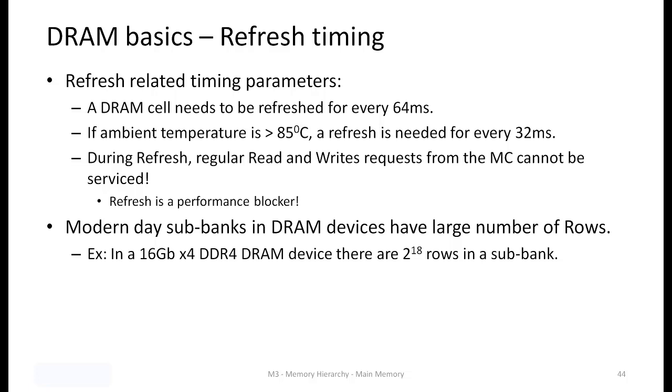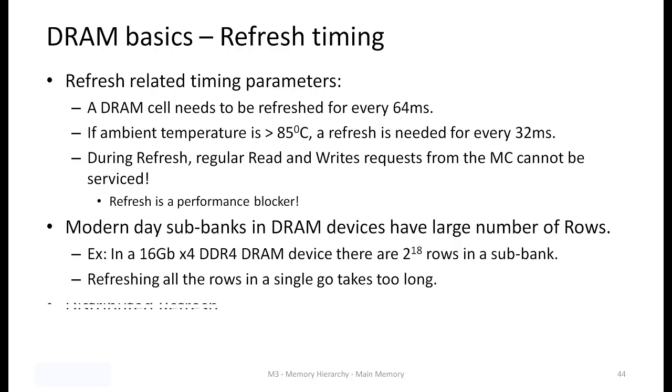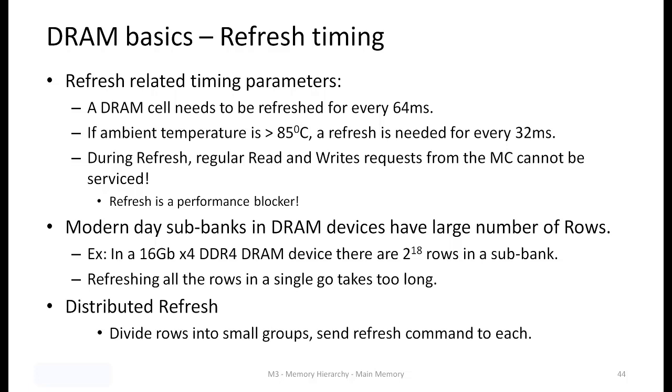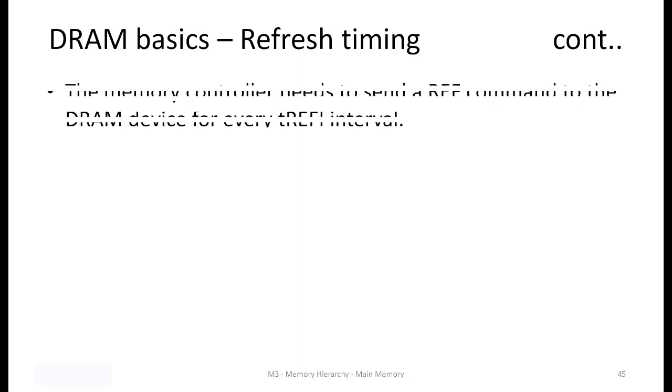For each of these rows, sending an activate and precharge internally takes a lot of time. So a provision has been given, which is called distributed refresh, wherein we divide these 2 power 18 rows into small groups, and when the memory controller sends a refresh command to the rank, one of these groups will be refreshed at a time.